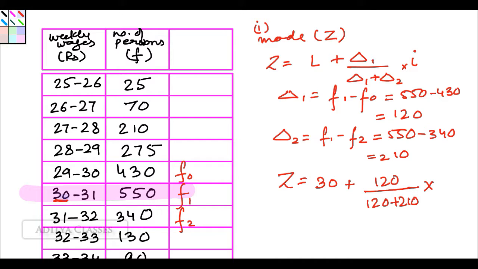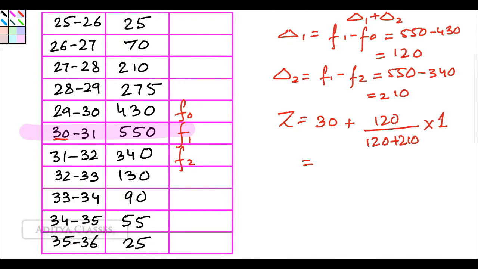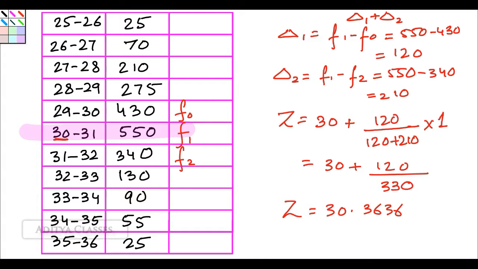How much is the interval? 30 to 31, only 1. So our mode will come down to 30 plus 120 upon 330, giving us 30.3636. So this is our mode.